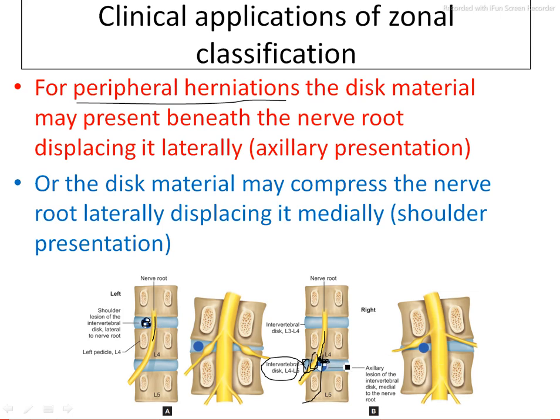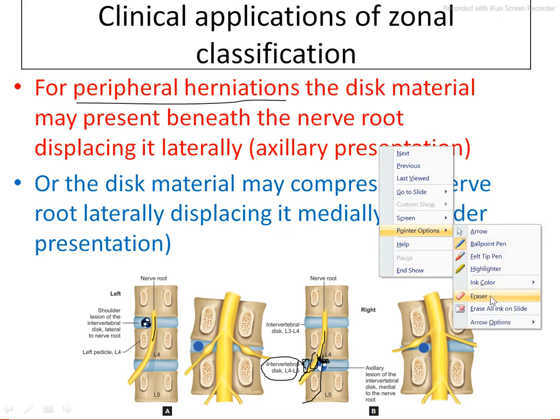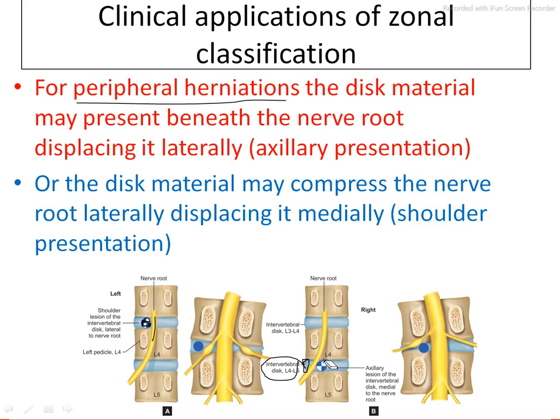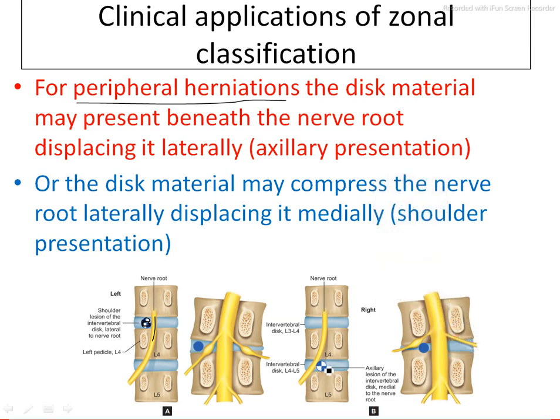But in this case, disc herniation has taken place here, and the nerve root is lying laterally. So when the nerve root lies laterally, it is called axillary lesion, and when the nerve root lies medially, it is called shoulder lesion.